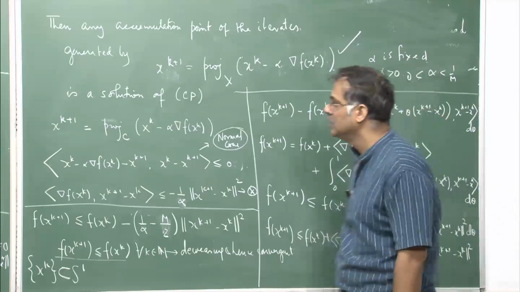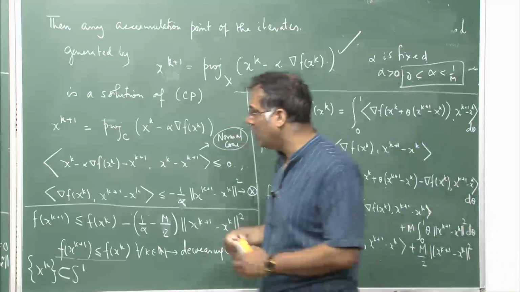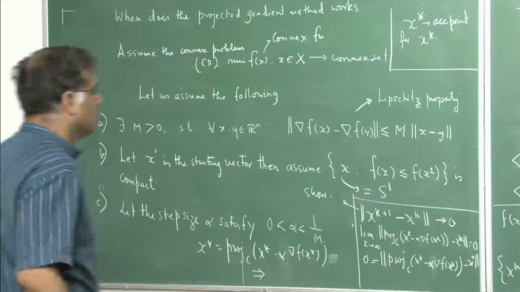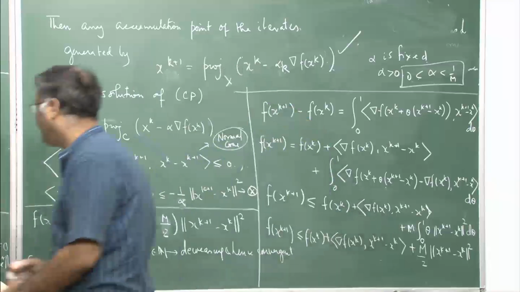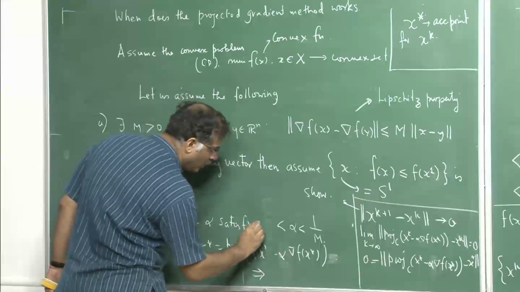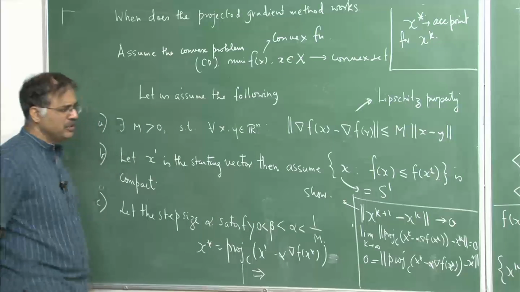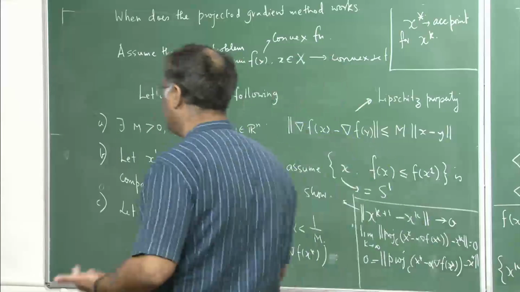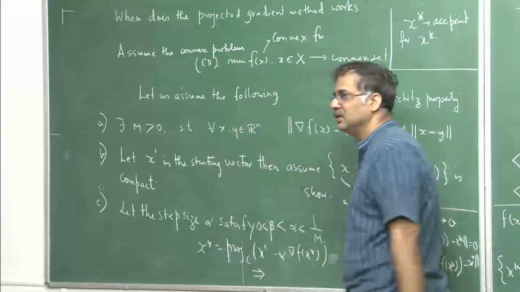So, how can I change alpha at every step? If I want to make a change here, then I have to make a change in this. Instead of having this greater than just 0, I should have some number, say beta, which is strictly greater than 0, and then it will be a bounded sequence, bounded between two positive quantities.